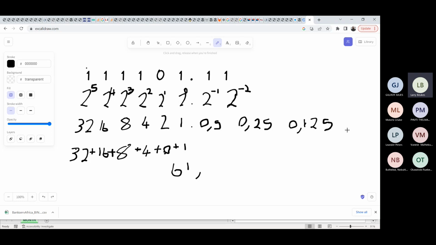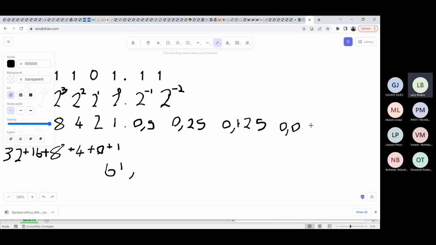0.25 divided by 2 is 0.125, which is correct, divided by 2 is 0.0625. So I was correct. Okay. I will share these recordings.